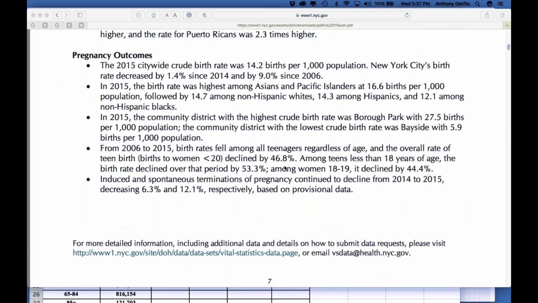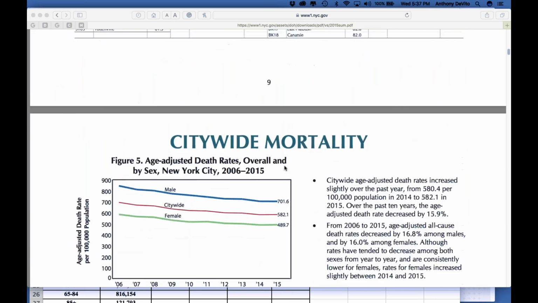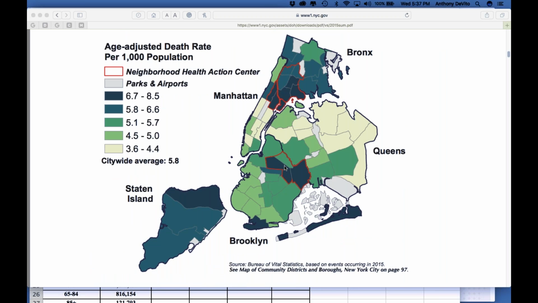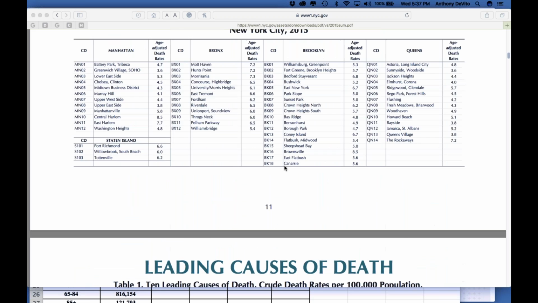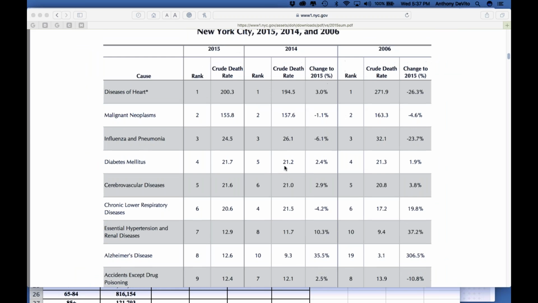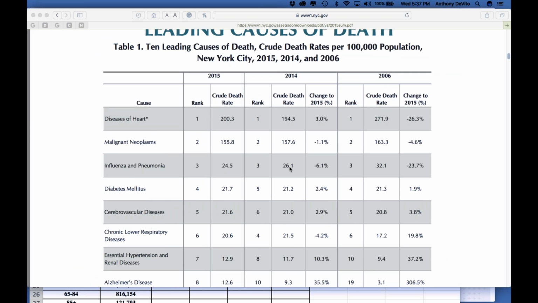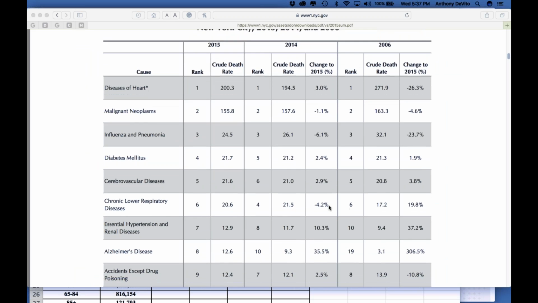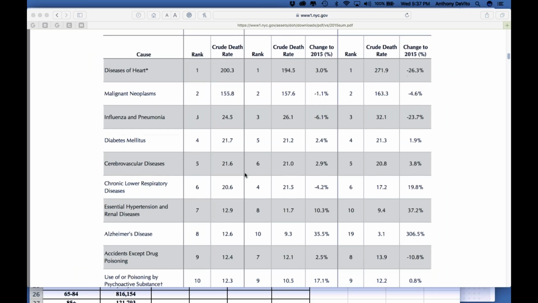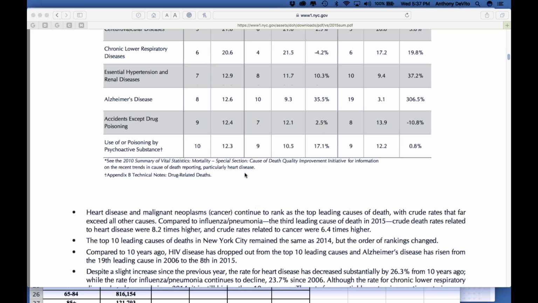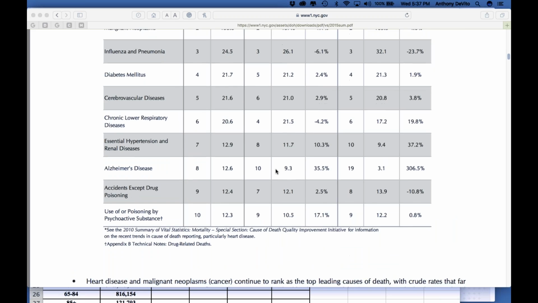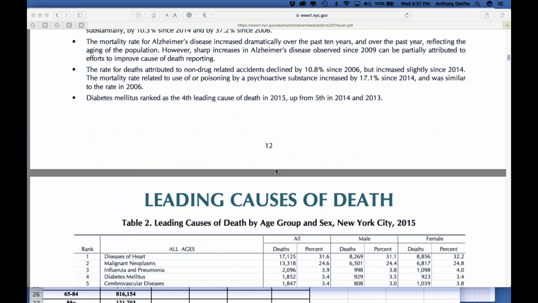You can go through here and look at a lot of this information. Geographically, for instance, age-adjusted death rate for different boroughs and sections of boroughs. And here are the 10 leading causes of death per 100,000 population in New York City. Ranked number 1 was diseases of the heart. No surprise there. Diabetes was number 3, cancers number 2, and so on. We're not really that surprised by that, right?